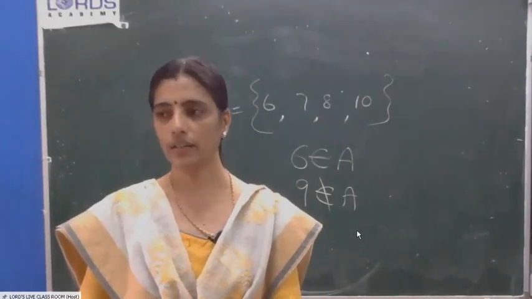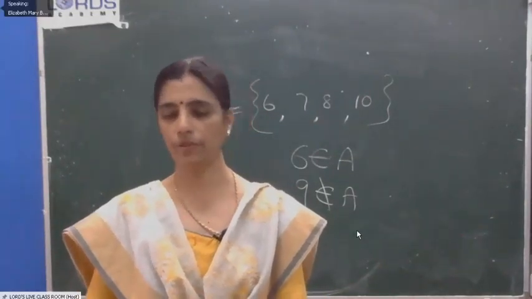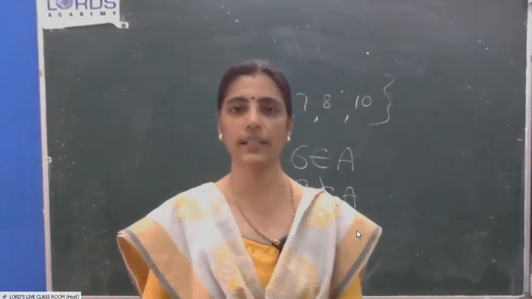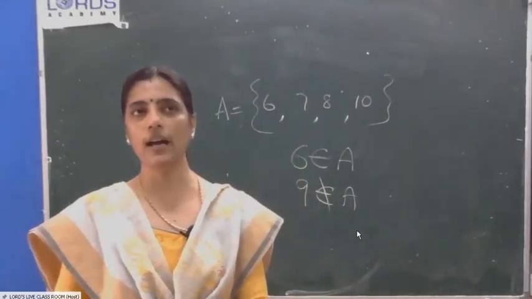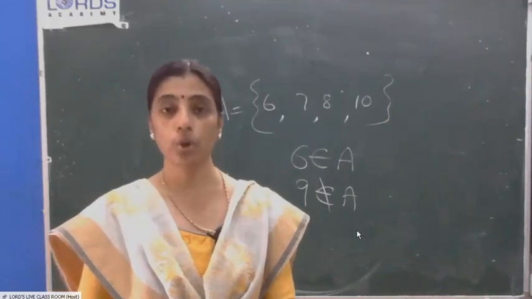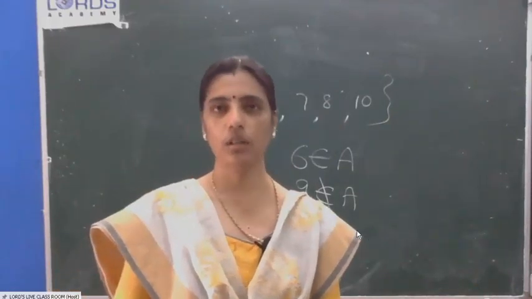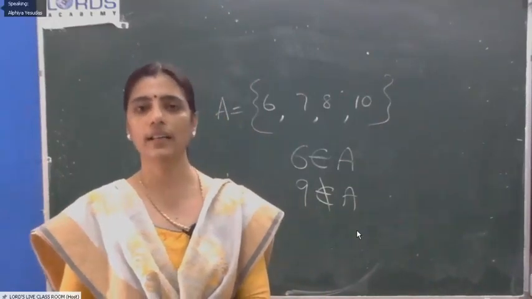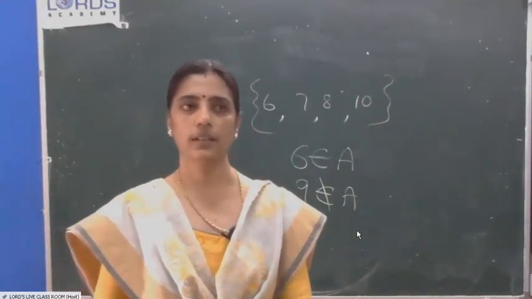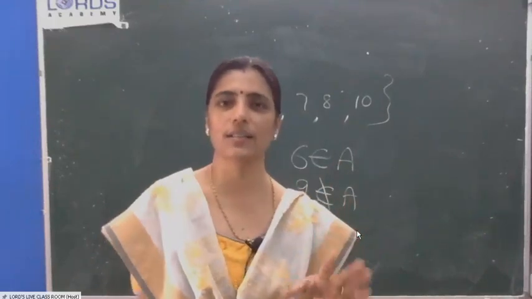Tabular form and set builder form. Tabular form means when we write the elements by putting commas. Set builder form means if we are writing some rule or some statement or some formula, we call that set builder form. And if we simply write A equals set of natural numbers, that is the descriptive method.